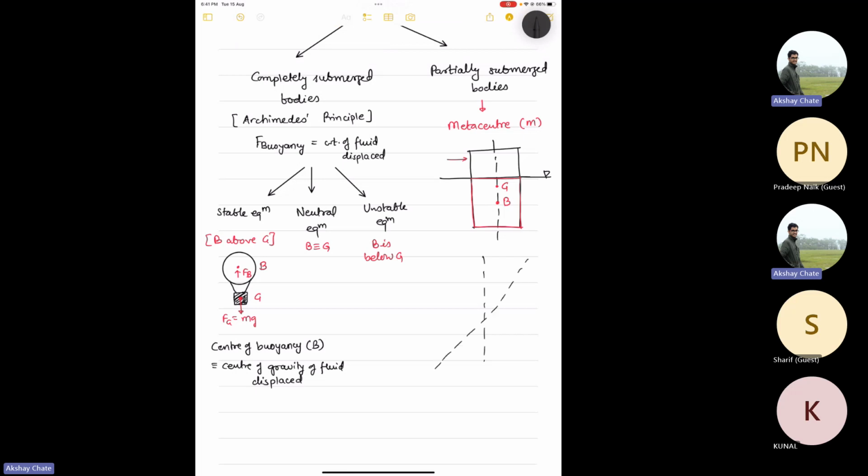Because you're applying some external force at the top, and the body is displaced like this. Maybe I should draw properly. So let's say like this.